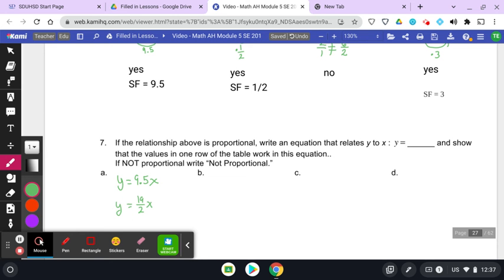We write it as an improper fraction if you're writing fraction form. Okay, so here, this one was y equals 1/2 x. This was not proportional. And this was y equals 3x. So now we can look at a table, and if it's proportional, we can build an equation. That's where they're going.